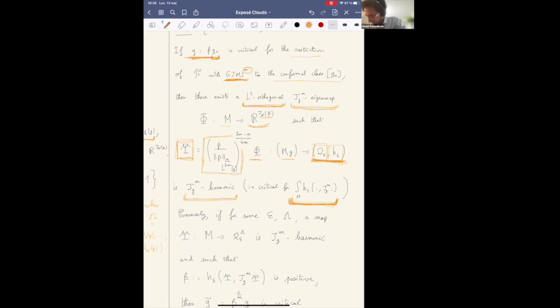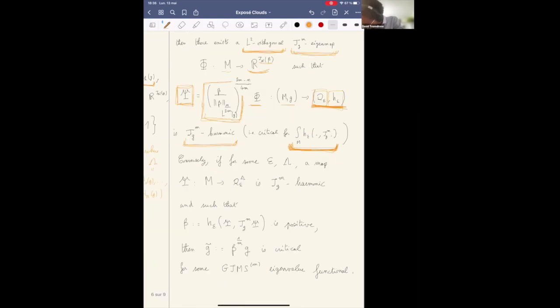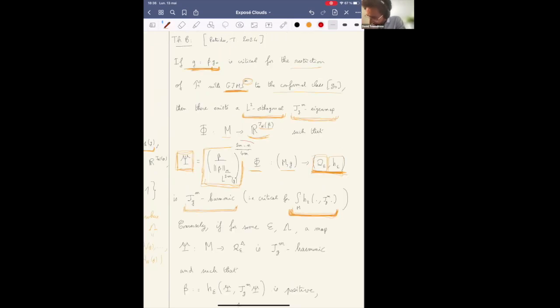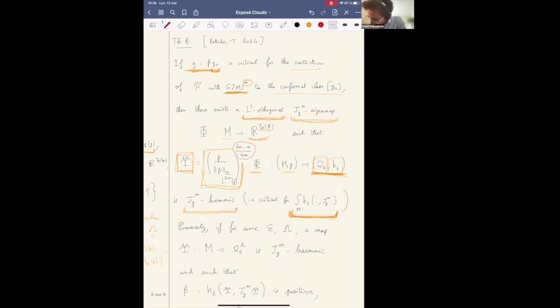And so what's quite interesting is this scaling factor. Here you see this 2m minus n.